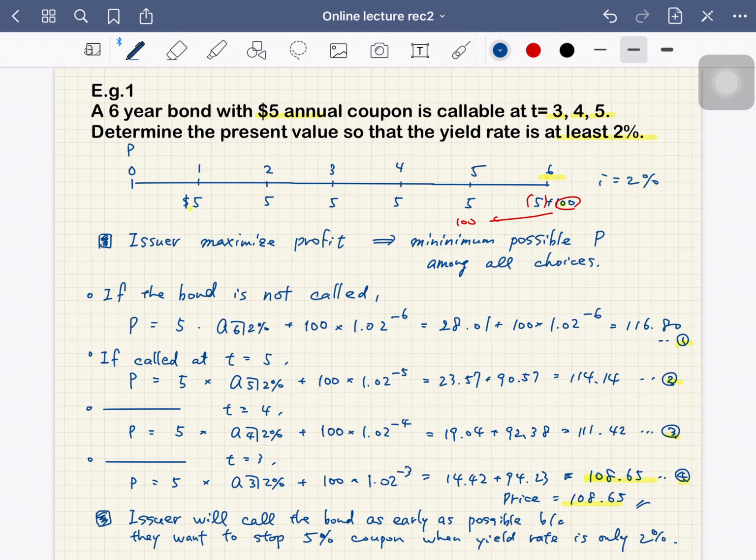So this means that t is equal to 3. So maybe this makes the calculation faster.